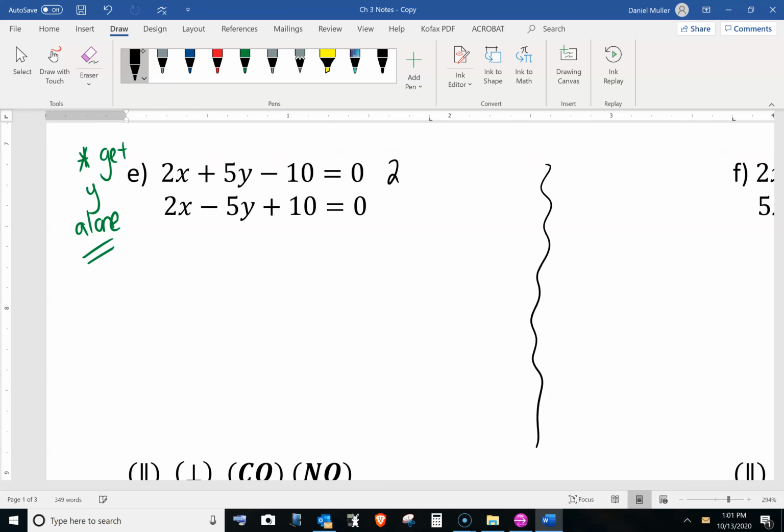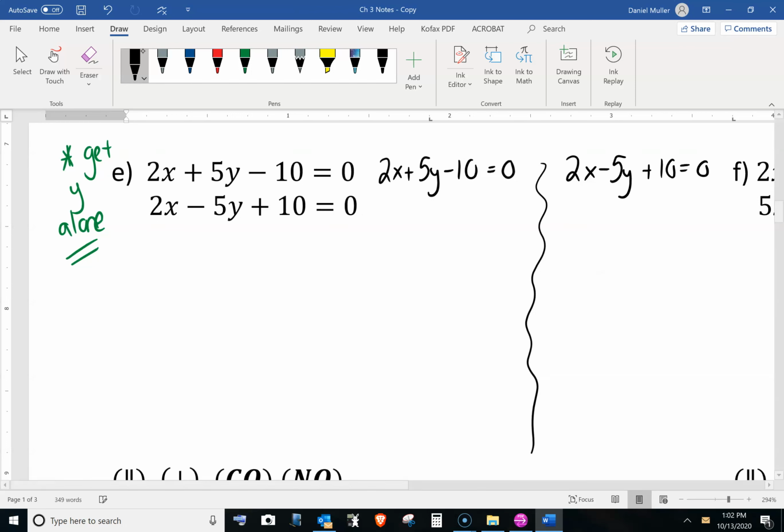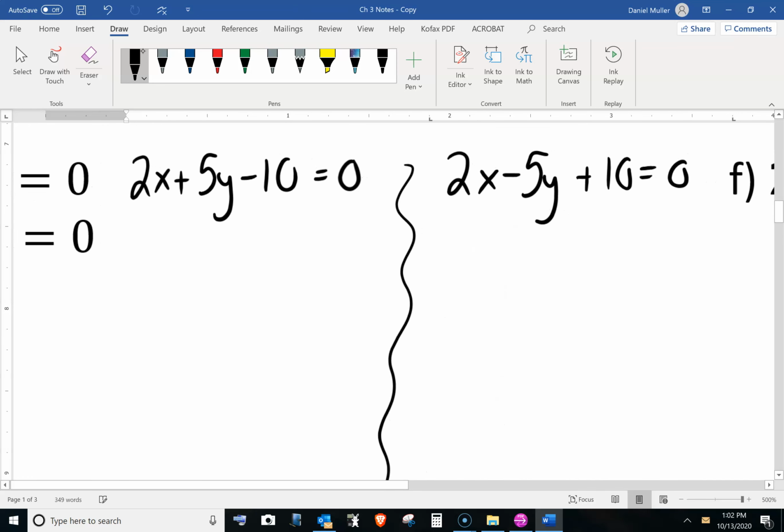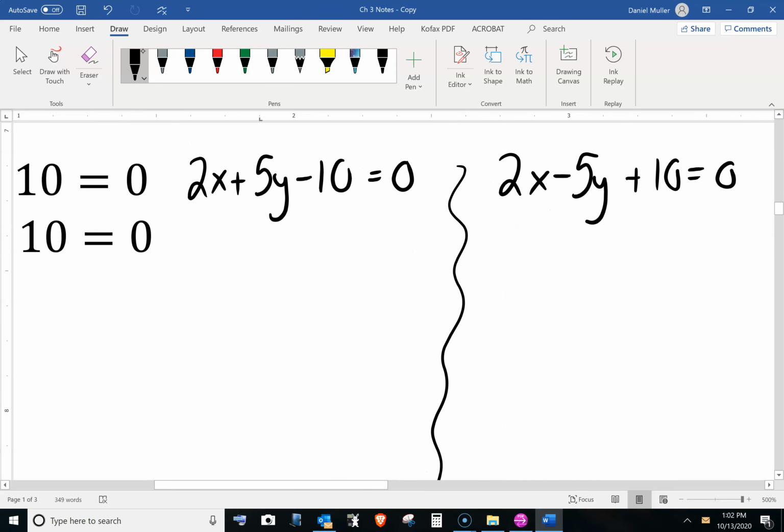We'll write 2x plus 5y minus 10 equals 0. And the bottom one here, 2x minus 5y plus 10 equals 0. So those are our 2 equations. Let's start on this left one here. We want to get the y alone. So I'm actually going to add this 10 over to the other side.